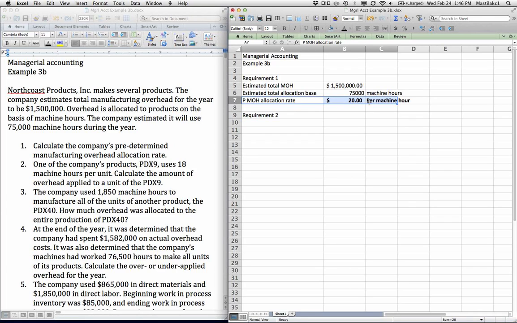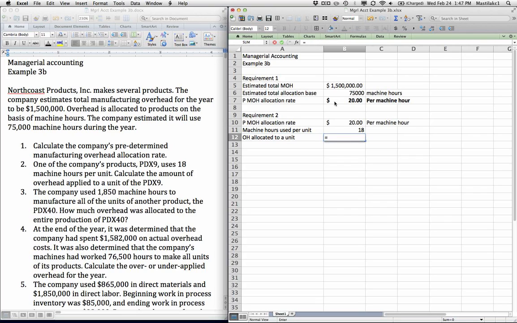So in this case, we're going to use the predetermined manufacturing overhead allocation rate of $20 per machine hour, and we're going to multiply it by the machine hours used per unit of the PDX9, and that's given at 18. And so we're simply going to multiply the two and say that the overhead allocated to a unit of PDX9 is $360. That's to a single unit.